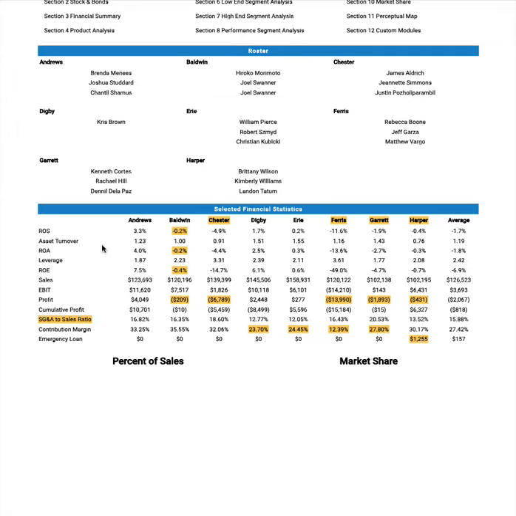The lower or even negative ROA, ROS, or ROE suggests that the company did not use the assets, equity, and sales effectively to generate income, right? So those teams need to pay attention here.